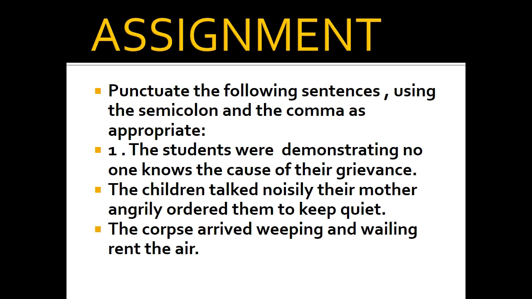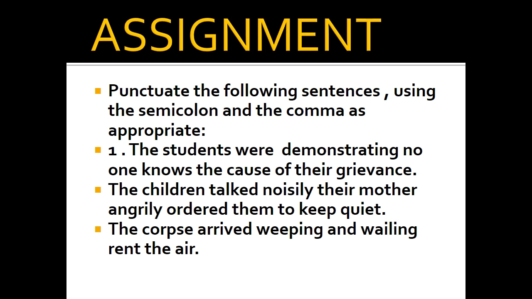Assignment: punctuate the following sentences using the semicolon and the comma as appropriate. Number 1. The students were demonstrating. No one knows the cause of their grievance. Secondly, the children talked noisily. Their mother angrily ordered them to keep quiet.